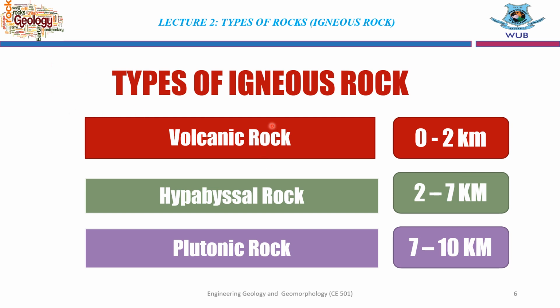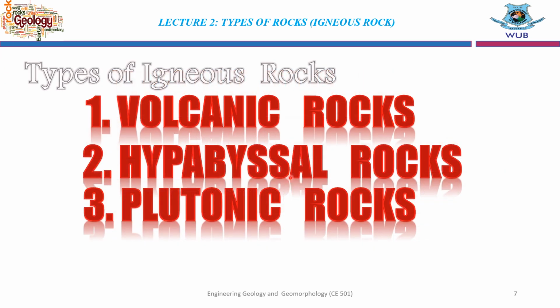Types of igneous rock: you see here the volcanic rock 0 to 2 kilometers, hypabyssal rock 2 to 7 kilometers, and plutonic rock 7 to 10 kilometers. Now we are discussing volcanic rock, hypabyssal rock, and plutonic rock.